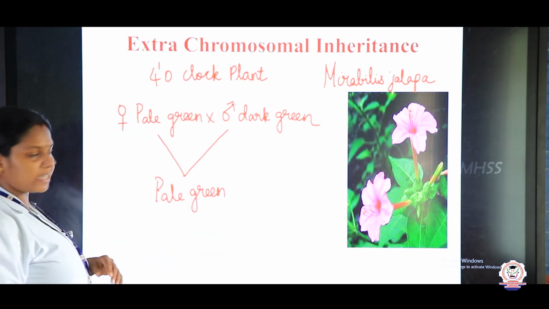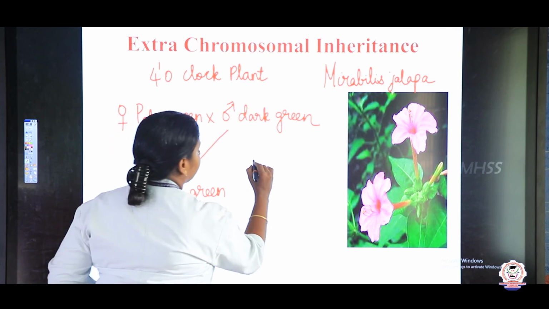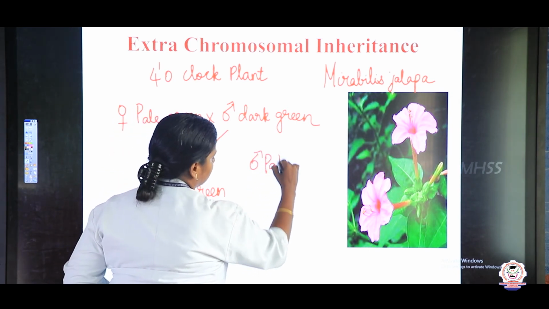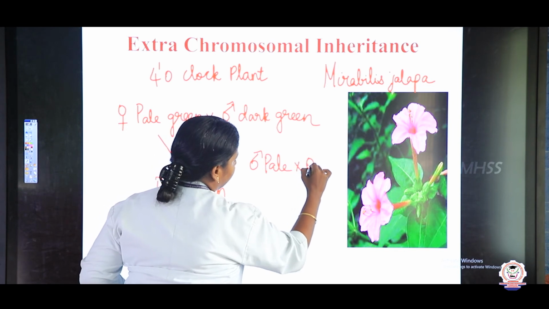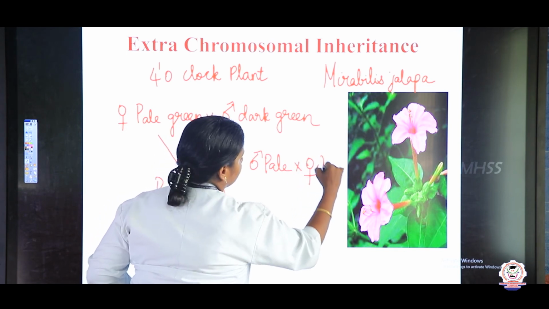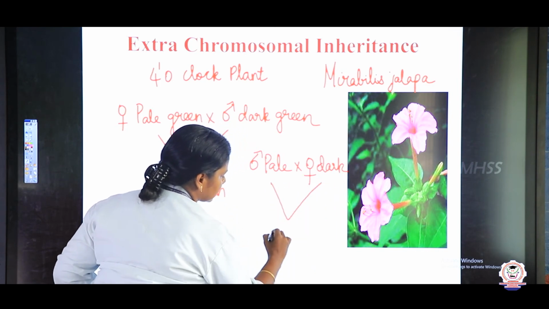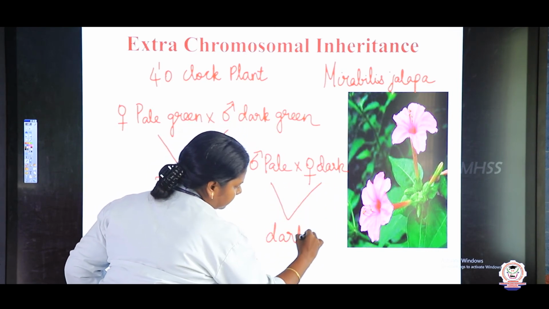And another experiment he did, the male is pale, when it is crossed with the female dark green plant, the generation appeared is dark green leaved plant.